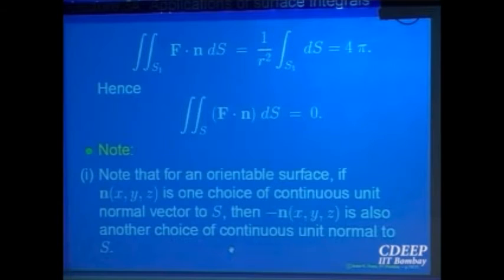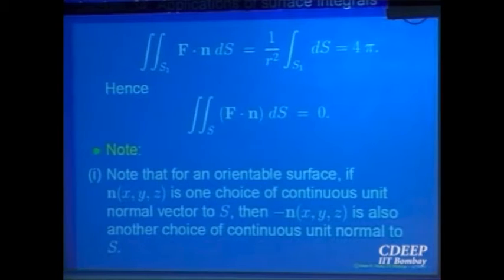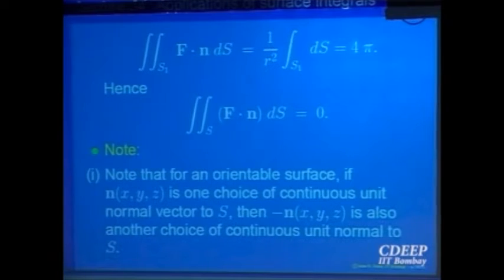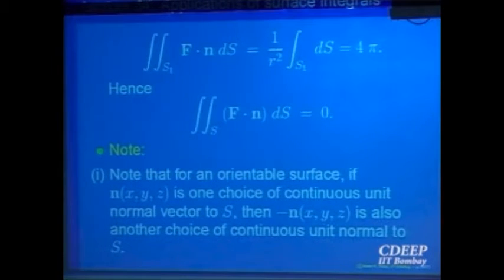Once again, let me point out that the flux depends on the choice of the normal, the orientation that you are giving to the surface. Like for a closed curve, whether you take clockwise or anti-clockwise, a negative sign difference will always come. Similarly, for an orientable surface, a difference of negative sign will come if you take the other normal.